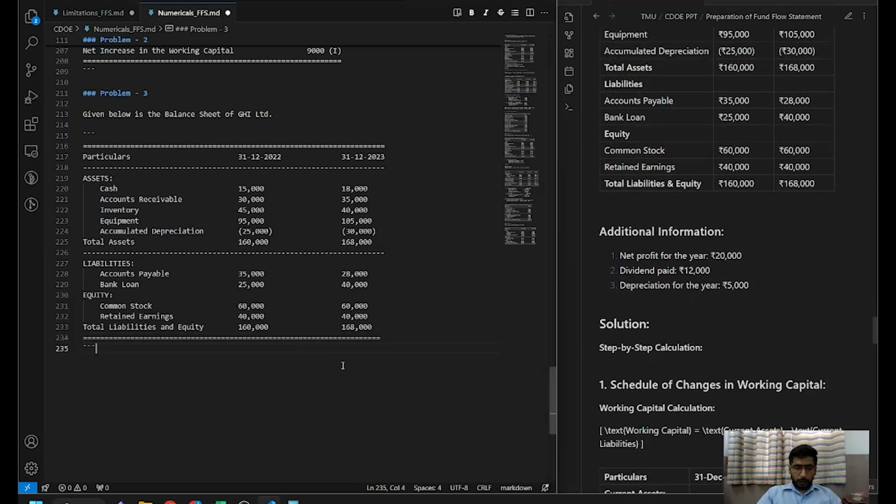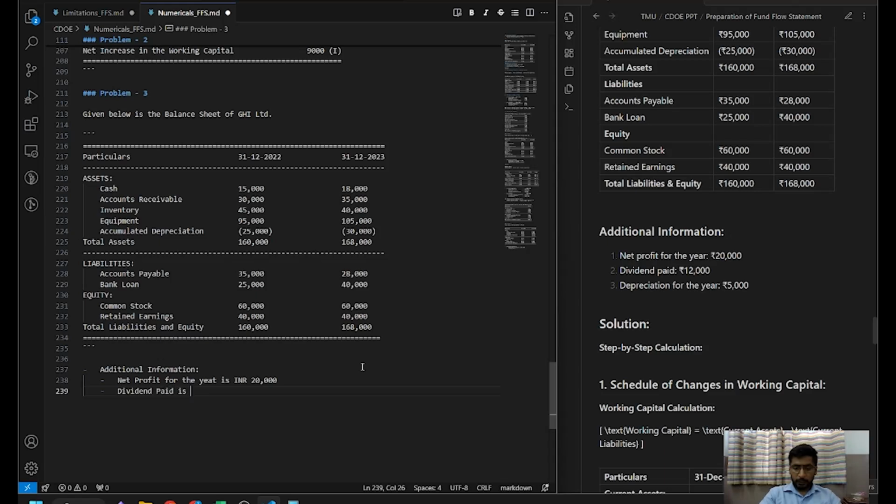Also, we are given some additional information. Additional information is given below that the net profit for the year is 20,000.